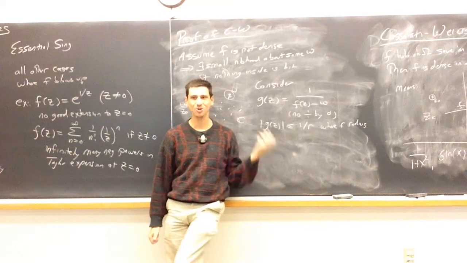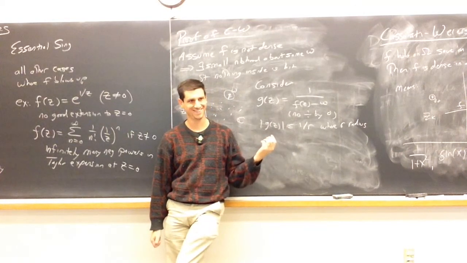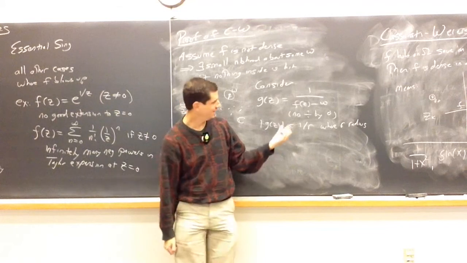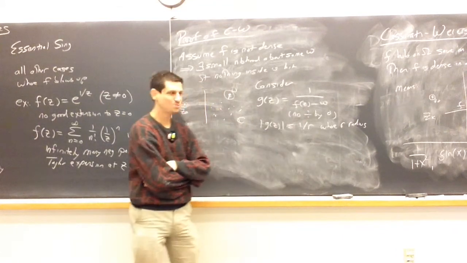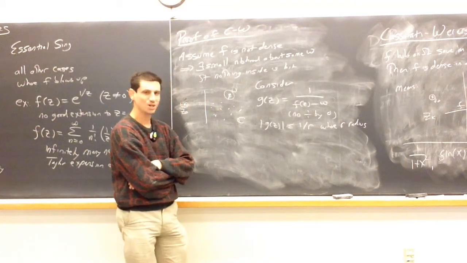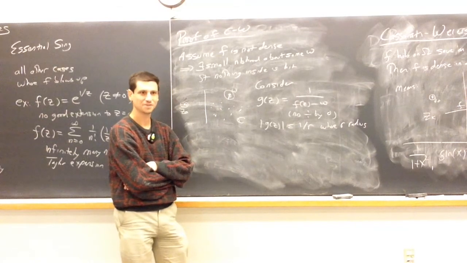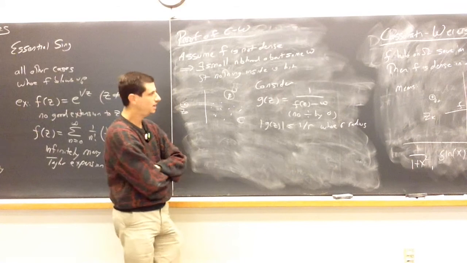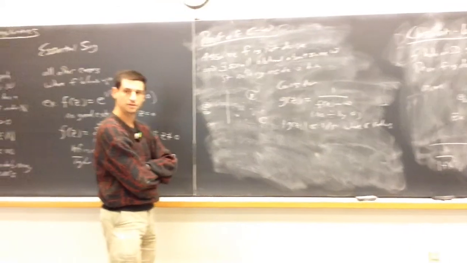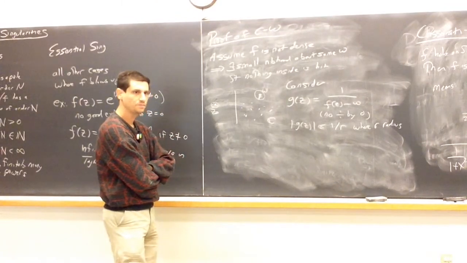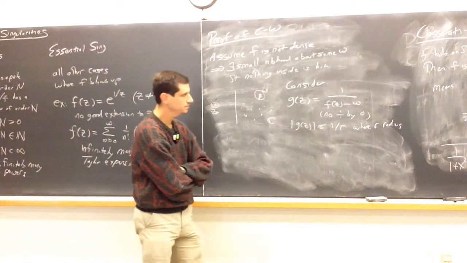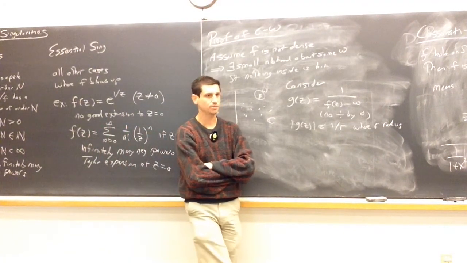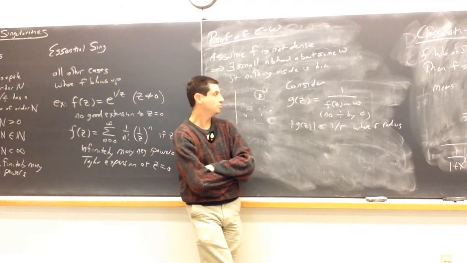Ooh, we have a holomorphic function which is bounded in a neighborhood of this point z0. What can we deduce? It doesn't have to be constant. So what's that theorem? It's a removable singularity.